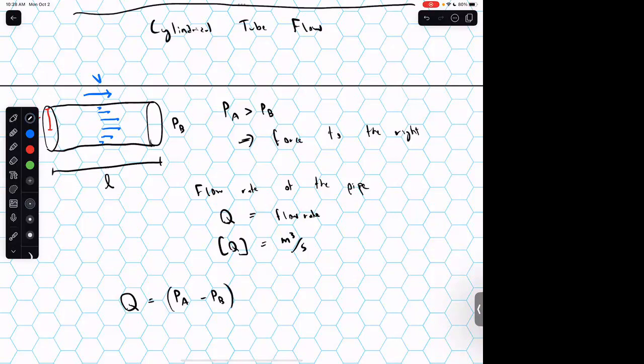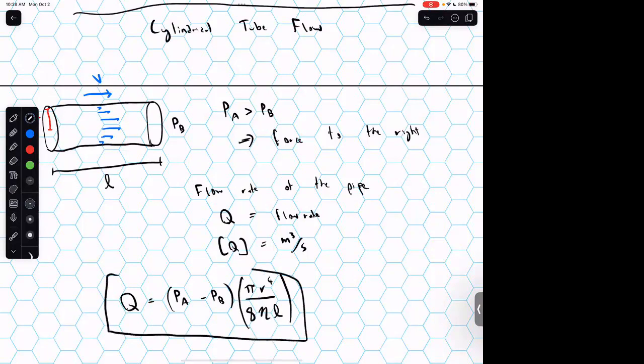So I'm going to put that in brackets, times, and this is going to be a lot of symbols, and that's why I don't like this derivation, pi r to the fourth divided by 8 eta, remember that's our viscosity, times L, where L is the length of the pipe. So I'm going to put this whole second expression in brackets. Okay, and this is flow rate through, and importantly, I'm going to write cylindrical pipe.